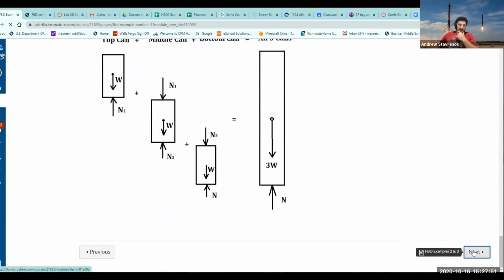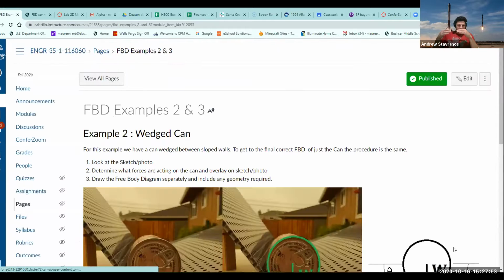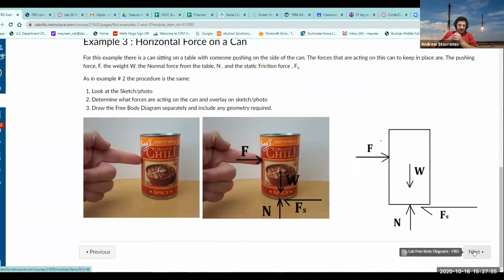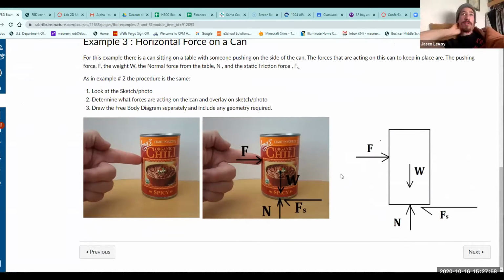They're not applied at the point where they're actually touching the material. Sure. The part I'm tripping on is the difference between normal and applied, because a normal force happens even if you don't push on it in a normal fashion, even if you push at an angle. Right. Hold on a second.